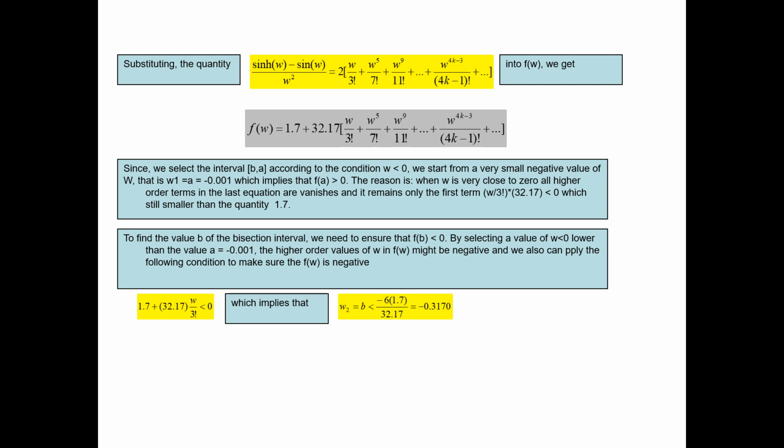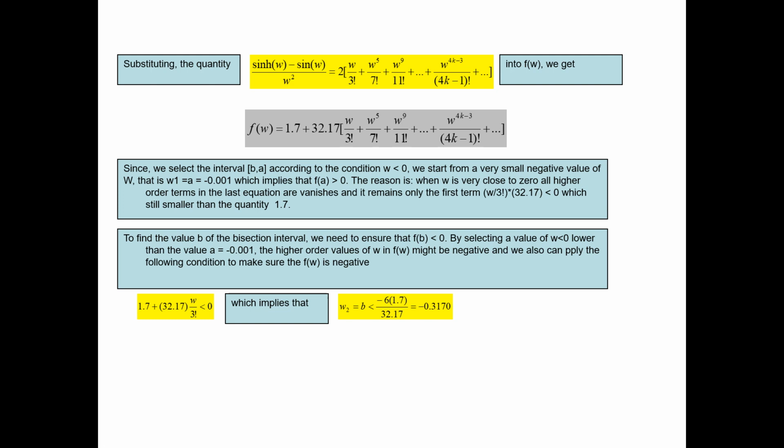If we put this condition negative, we will ensure that f of w is negative. This implies that the value w2, or b, the lower bound of the interval, must be smaller than minus 6 multiplied by 1.7 over 32.17, which is a direct solution of the last inequality.